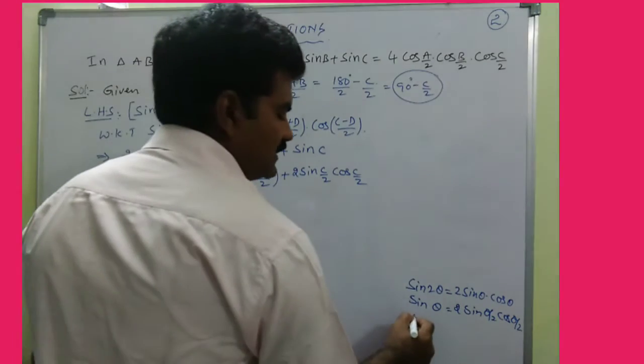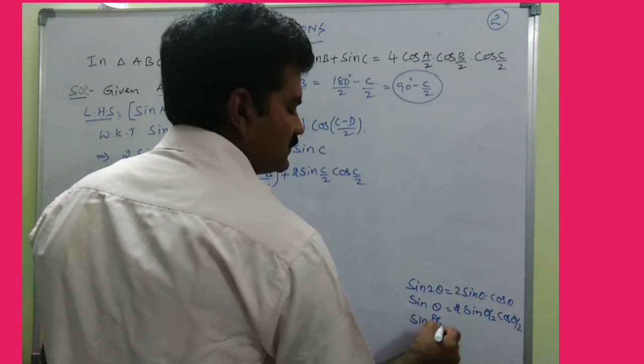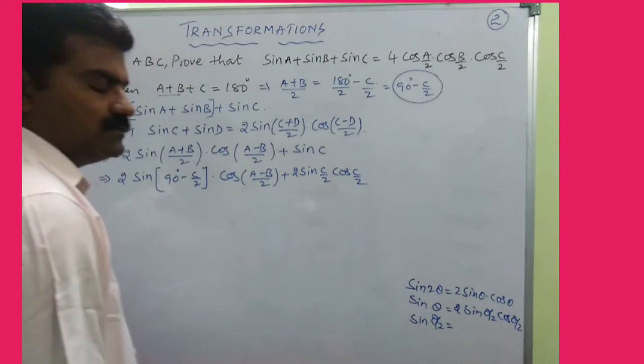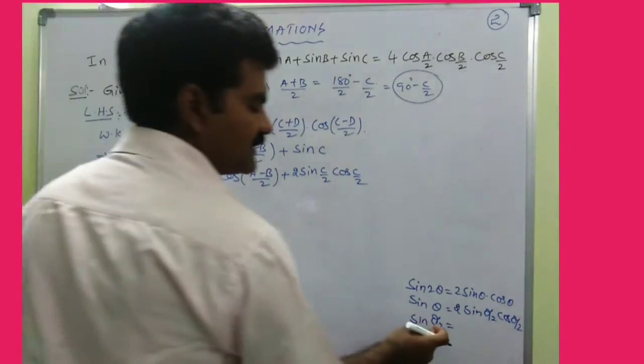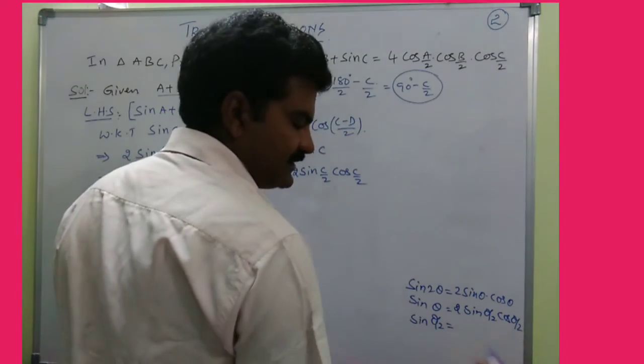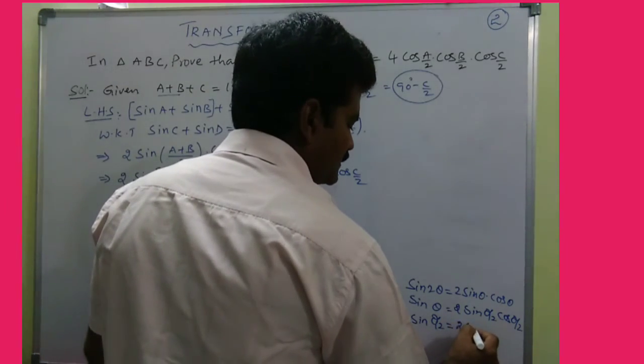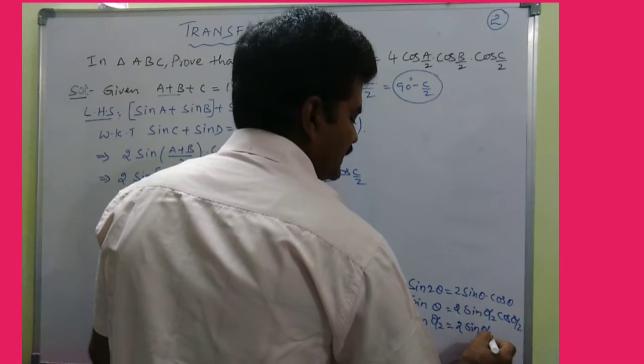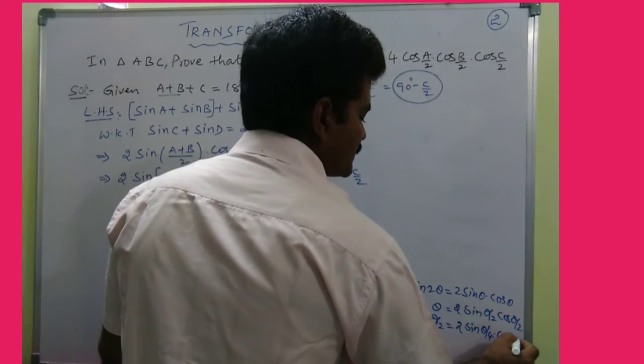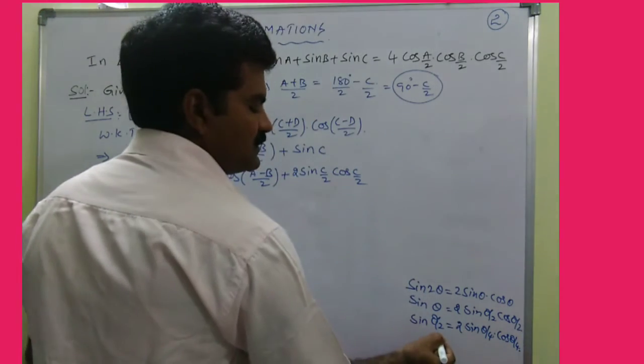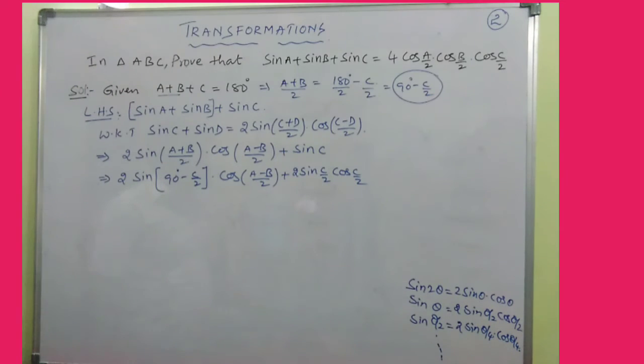For example, if the angle itself is theta by 2, then sin theta by 2 can be written with half of it, theta by 4: 2 into sin theta by 4 into cos theta by 4. So like this we can find the formula for any angle of sine.